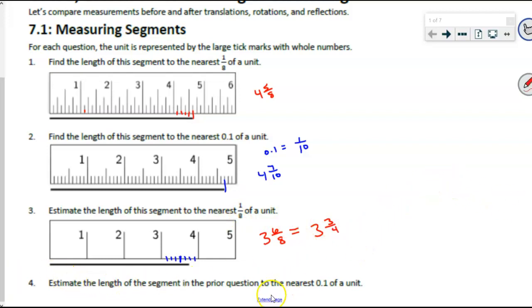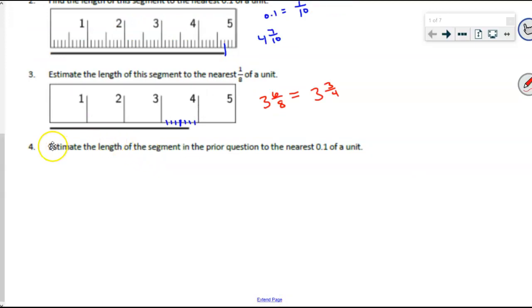And now let's finish up this last one. Looks like we're repeating this estimate, this time to the nearest 1/10 of a unit. So this time when I break it up, I'm going to go ahead and get rid of those. 0.1, remember, is that 1/10. So now I'm going to break that up into 10 pieces. Here's that halfway mark again. This time I'm going to break it up into 1, 2, 3, 4, no, too much.